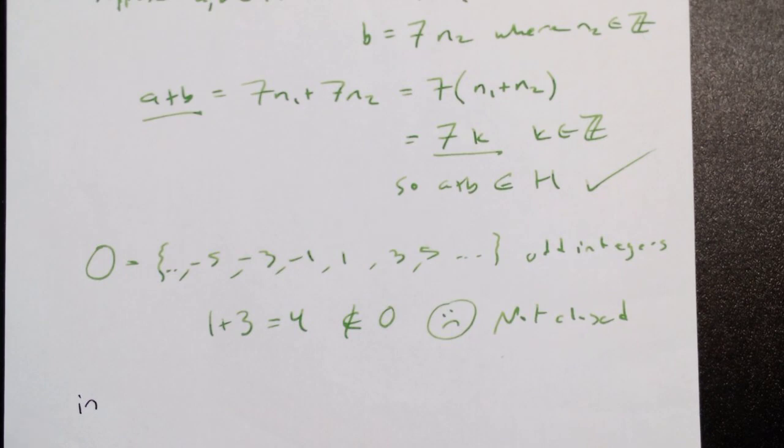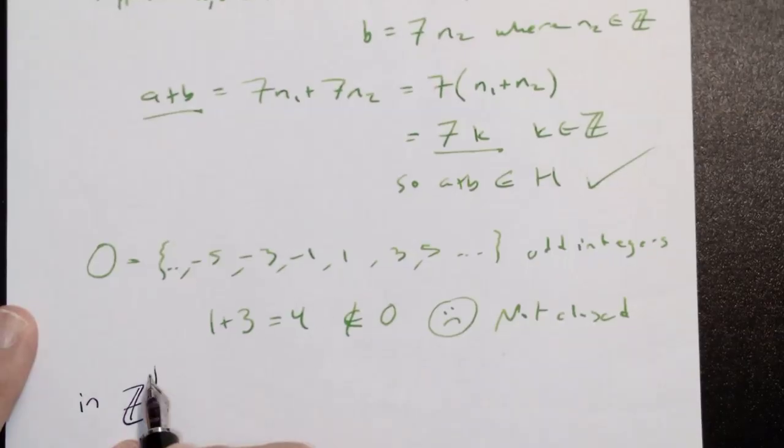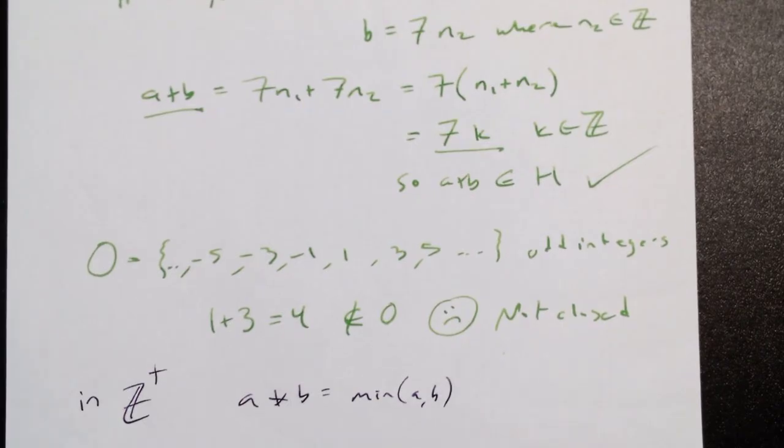I think these are all in the same set. It's the integers or is it the positive integers? This is what I get for not making a note. Positive integers. I could define an operation that just says pick the smaller one.